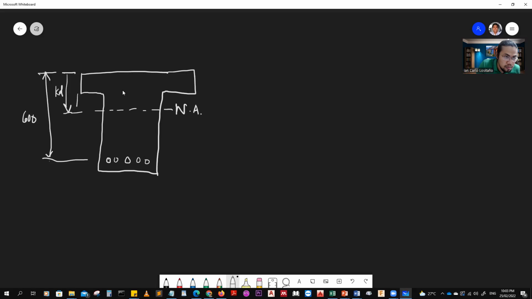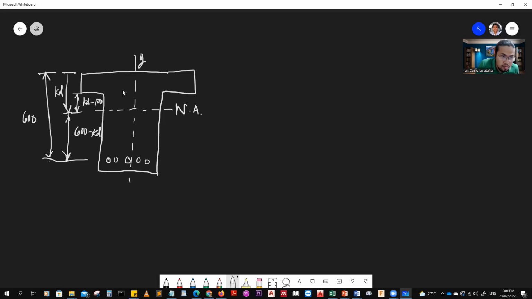And then this is going to be kd minus 100. And this one is going to be 600 minus kd. And you have your y-axis over here, which should be denoted as well.